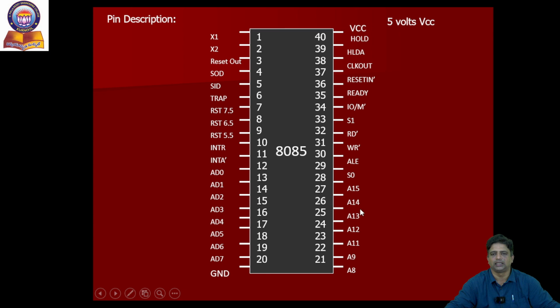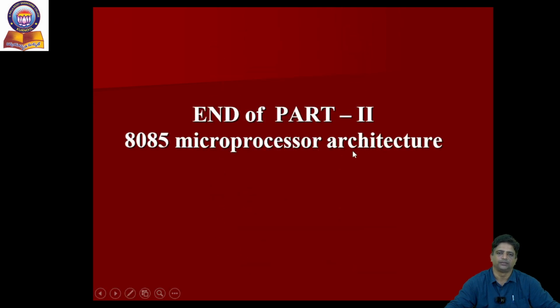The remaining address lines and remaining pins in operation will be represented in this part. So that was an overview of the pin diagram and architectural details of the 8085 microprocessor. We will end the session here, and we will further go on to learn about the programming model of the 8085 microprocessor. Thank you.